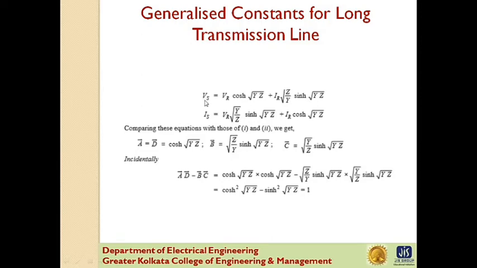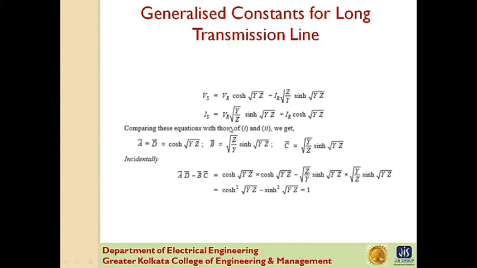Now from Vs equals Vr cosh root over yz plus Ir root over z by y sinh root over yz, comparing this with the equation Vs equals A into Vr plus B into Ir, the value of A is cosh root over yz, and B is equal to root over z by y sinh root over yz.